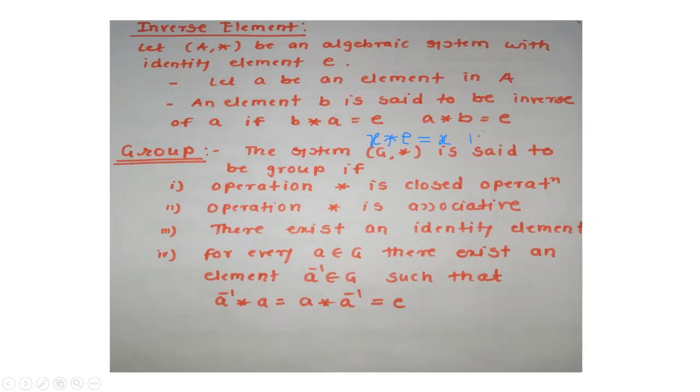For example, 1 into 2 is 2, so 1 is the identity. Similarly, 0 plus 2 gives 2, so for the plus operation, 0 is the identity.